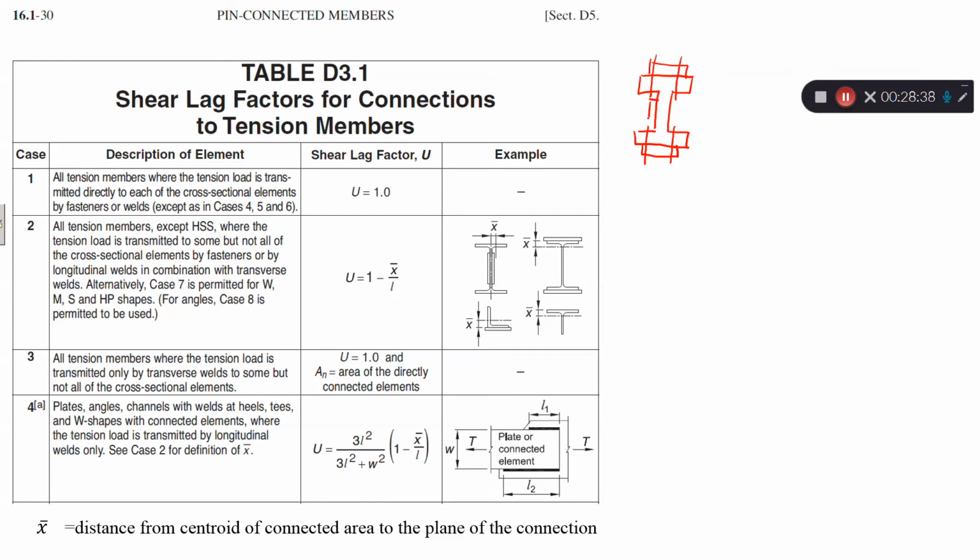Meanwhile, the webs are also bolted. So all the elements are connected. In this case, U equals 1, right? And the example will show you the double angle. So both of the angles are connected, bolted or welded. Then U is equal to 1.